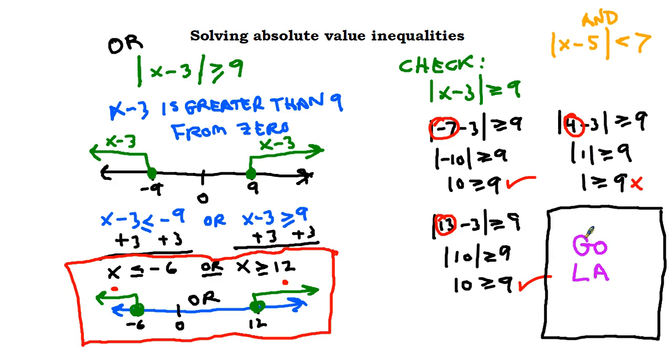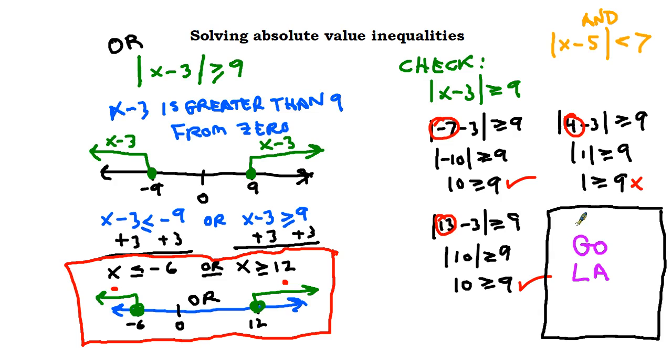The G stands for greater than, and we get an or. The L stands for less than, and we get an and. If we have a less than, we get an and. If we have a greater than, we get an or. Go LA.